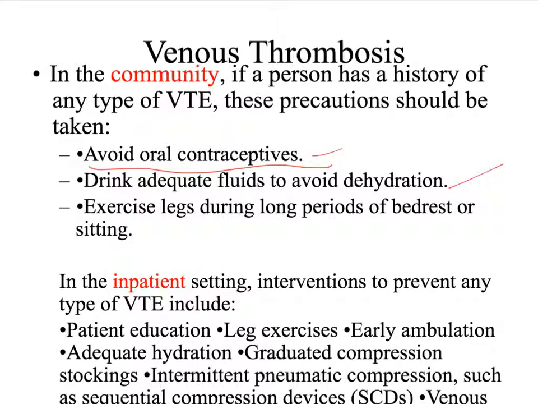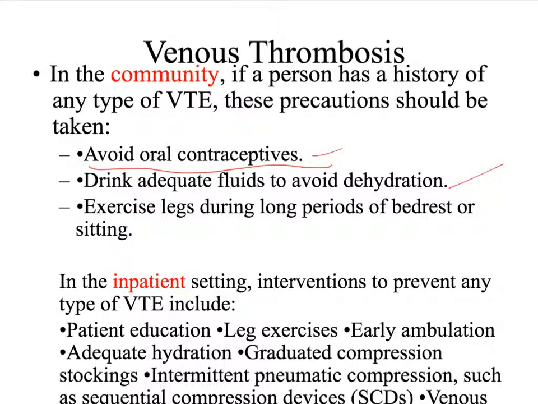Definitely dehydration. Everybody needs to drink adequate fluids to keep our blood hydrated and thin. Inpatient, you guys are probably doing these things in your clinical setting already, these inpatient interventions to prevent any type of venous thrombus.